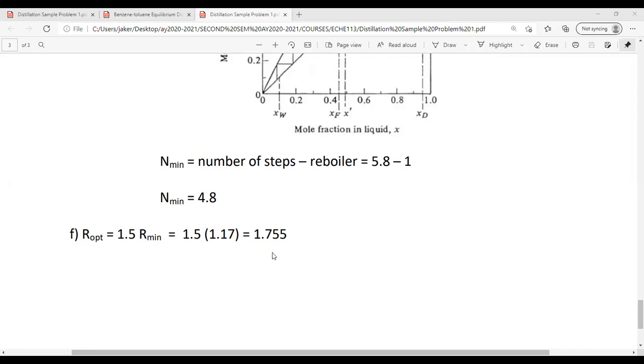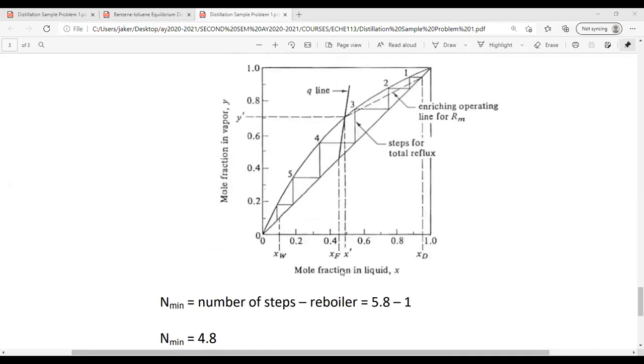It will have a new y-intercept, and as such, the orientation of your enriching section operating line would be different than the original. It will have a new point of intersection with the feed line, so that new point of intersection should be connected to the X sub W in here to be able to draw the stripping section operating line.